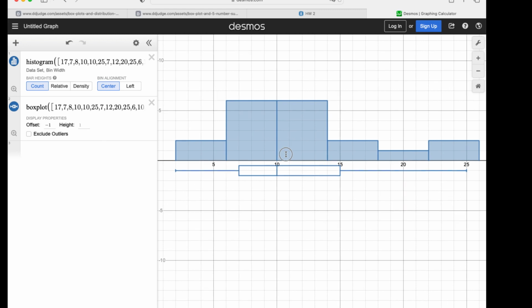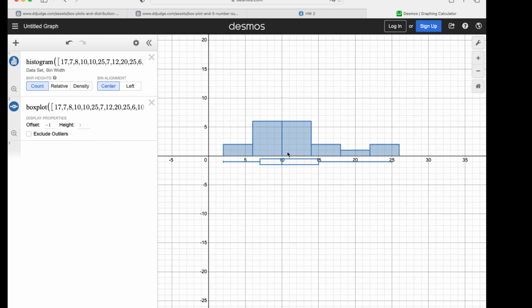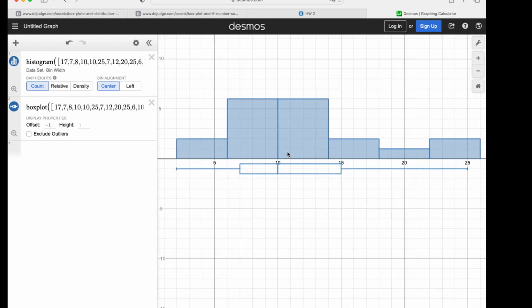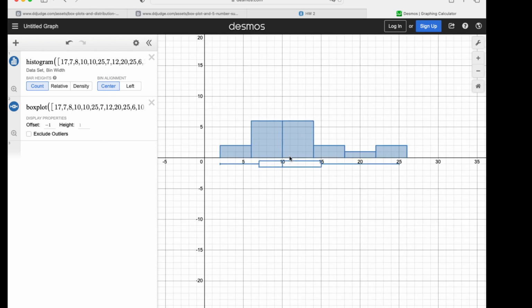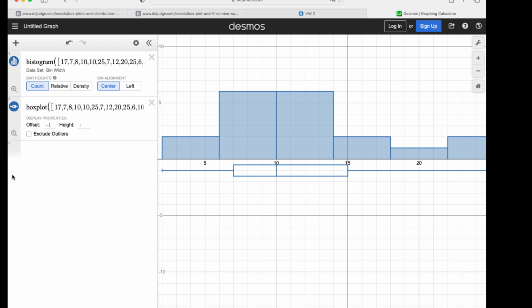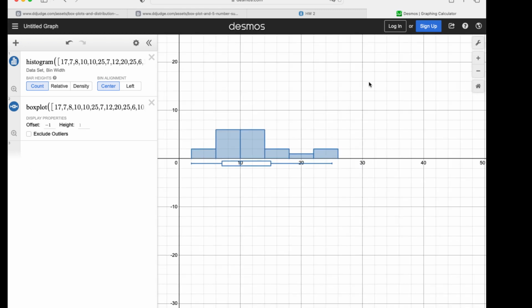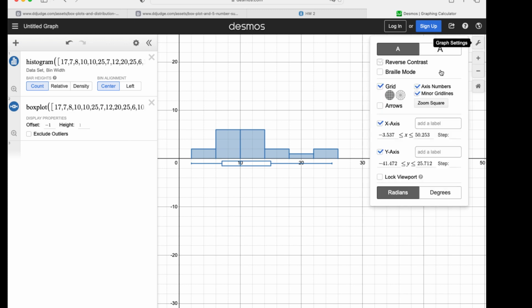Now you might say, Mr. Judge, where are the outliers? Well, there are none in this picture. Let's see if I can do this here. I'm going to change this format for the y values.